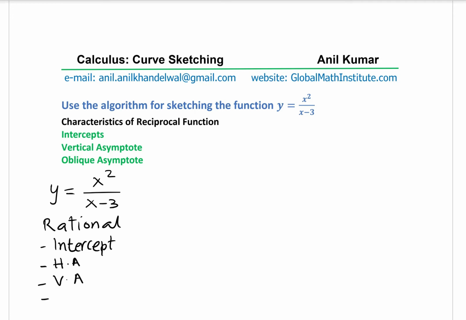Sometimes you may have oblique asymptotes. Now in this particular case, we see that the degree of the numerator is higher. Let me write down the condition: degree of numerator higher. So we have an oblique asymptote, not a horizontal asymptote. Okay, so with that in mind, let's find all the parameters.